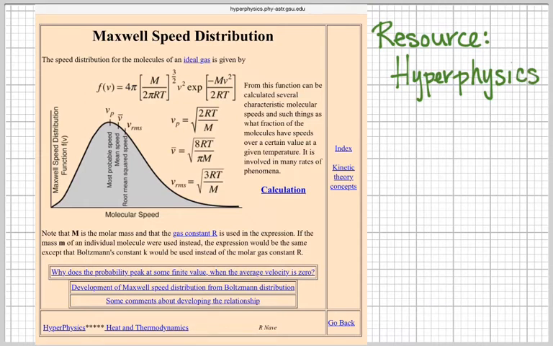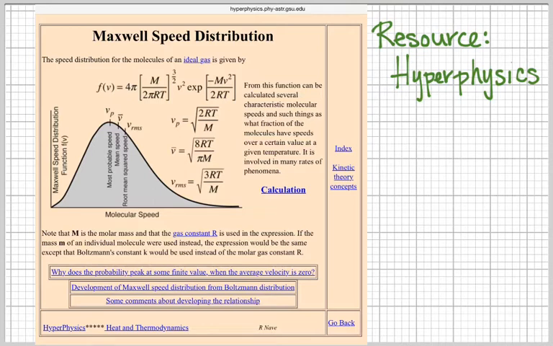It's called Hyperphysics, and it is a resource that is developed in Georgia, and the resources are pretty extensive, akin to a Wikipedia, but really tuned in to speak to students.